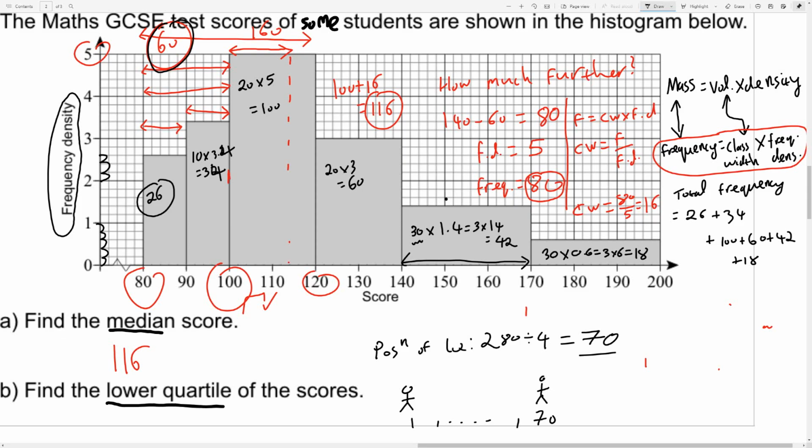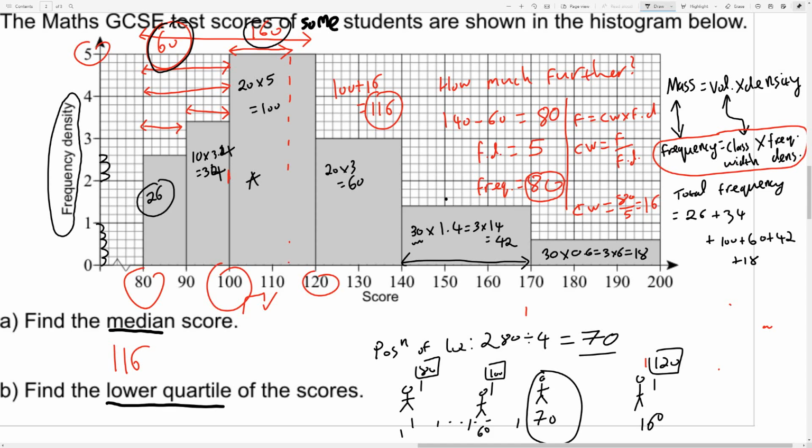So once again, we're going to be in the third bar because the first 160 people have scores between 80 and 120. We want the 70th score, but we know that the first 60 people have scores between 80 and 100, so the 70th person's got to be in this third bar.